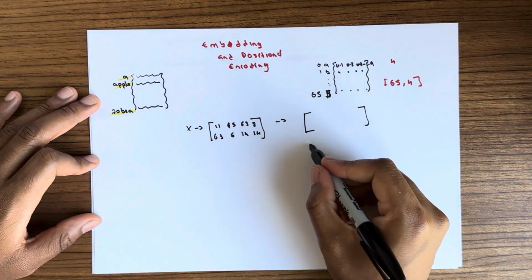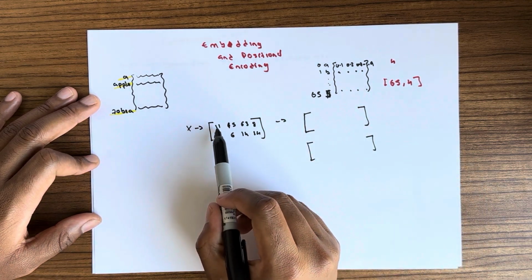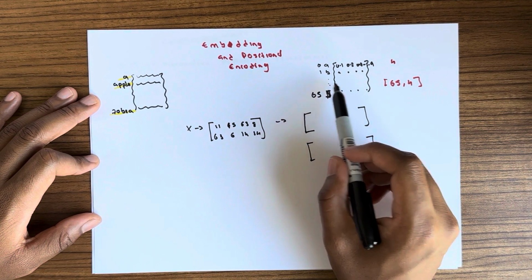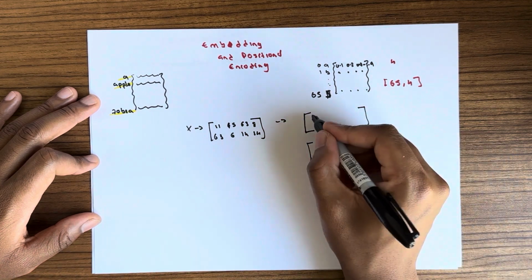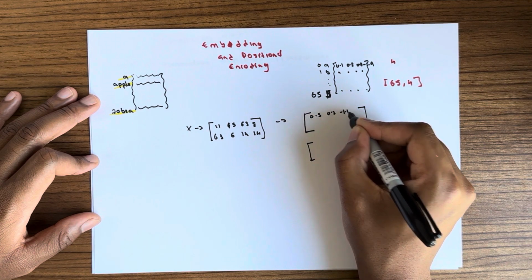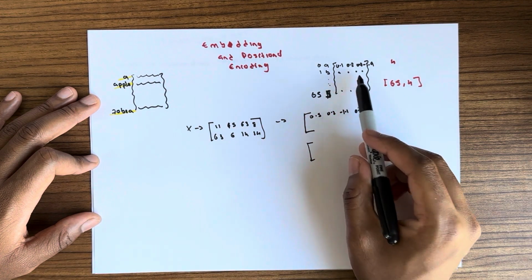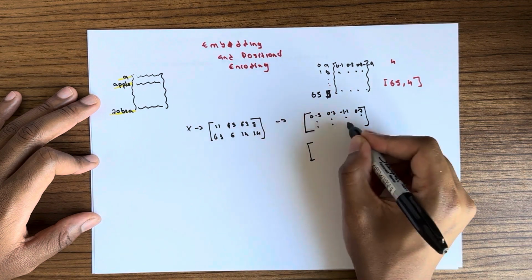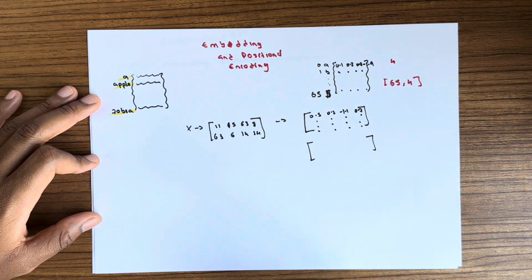Well, the batch size is 2, so that's why I am drawing this into two rows. So 11, well, 11 is maybe the letter N, and that vector is maybe something like this: 0.5, 0.2, minus 1.1, 0.9. 15 also has an entry of size 4. 63 has an entry of size 4. 8 has an entry of size 4.